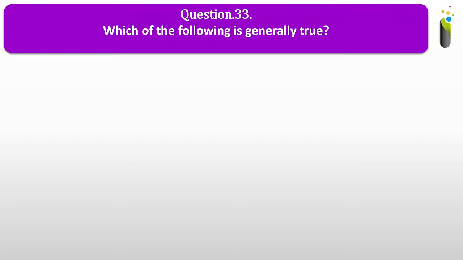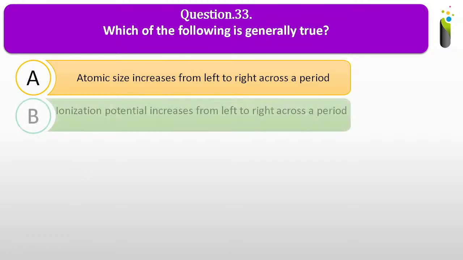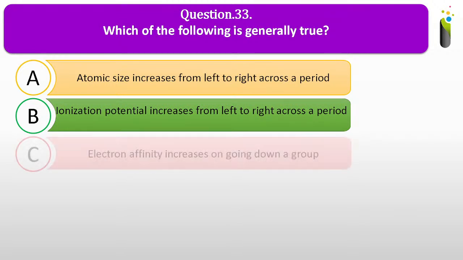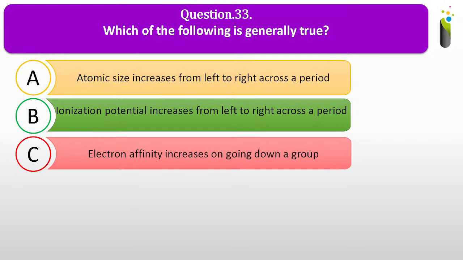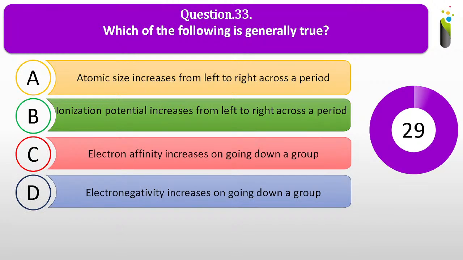Coming to the next question, number 33. Which of the following is generally true? A. Atomic size increases from left to right across a period. B. Ionization potential increases from left to right across a period. C. Electron affinity increases on going down a group. D. Electronegativity increases on going down a group.